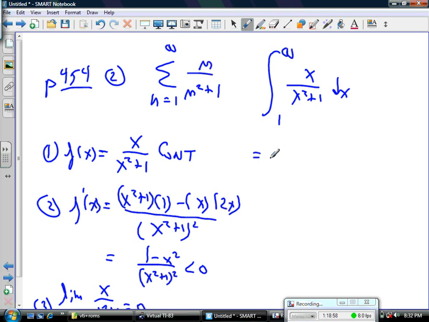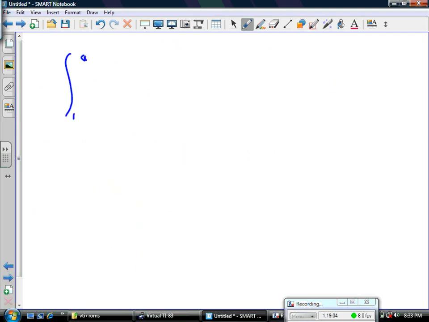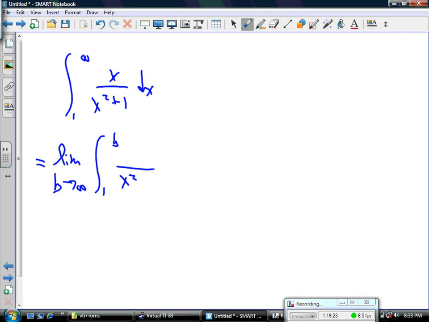I'm going to go to the next page. I'm running out of room. Okay, so first of all, it's improper, so rewrite it as a limit as b goes to infinity of the integral from 1 to b of this mess.